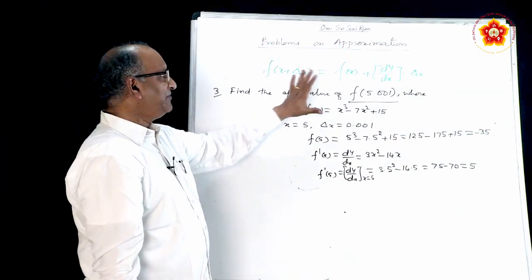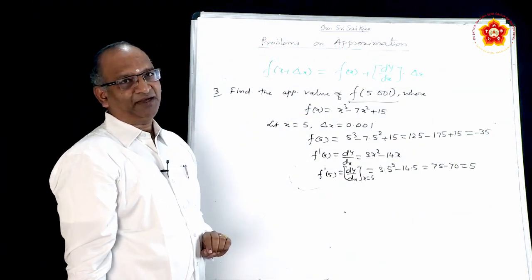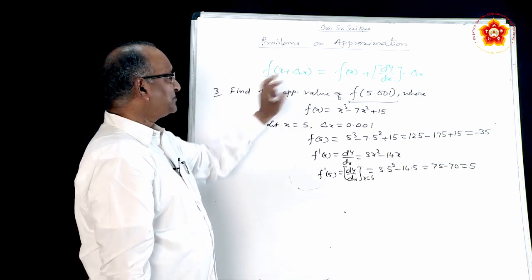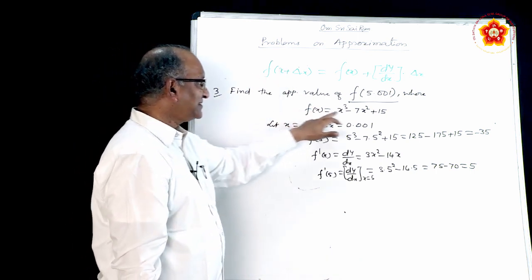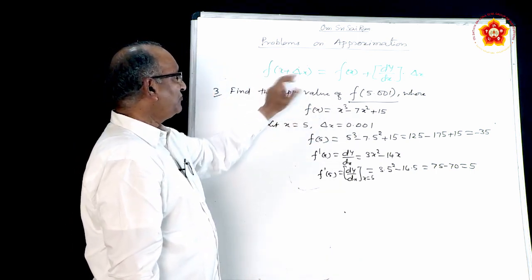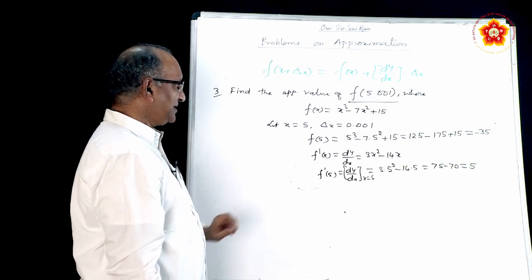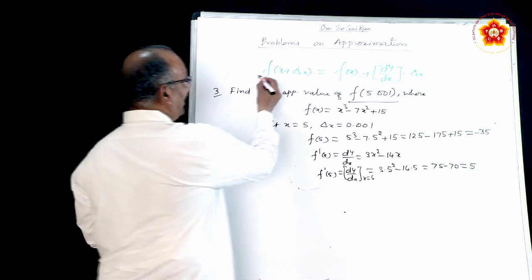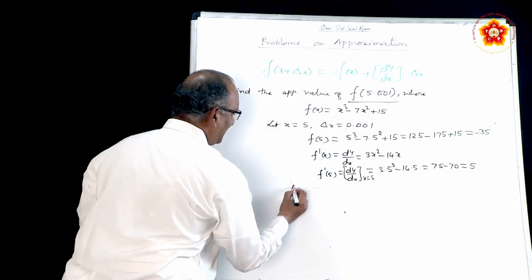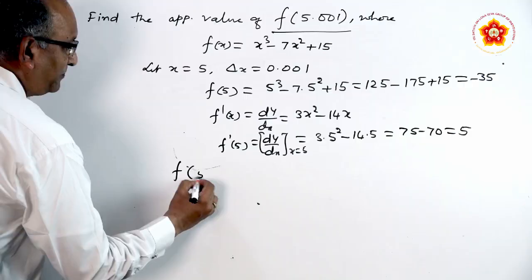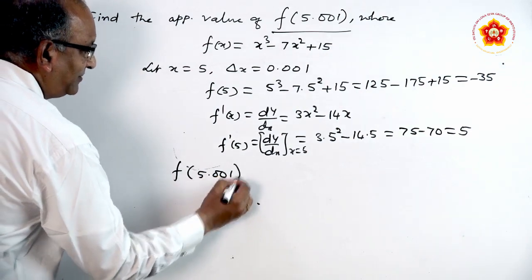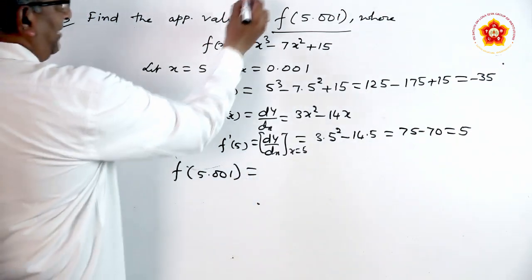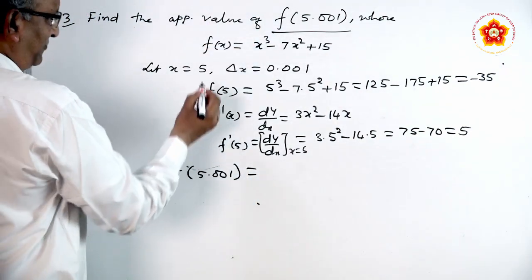We know all the values, substitute the values. If f of x is the given function, we want to find out f of x plus delta x. We assumed that x is 5. So, f of x plus delta x is the problem. F of 5.001 is equal to f of x. What is f of x?